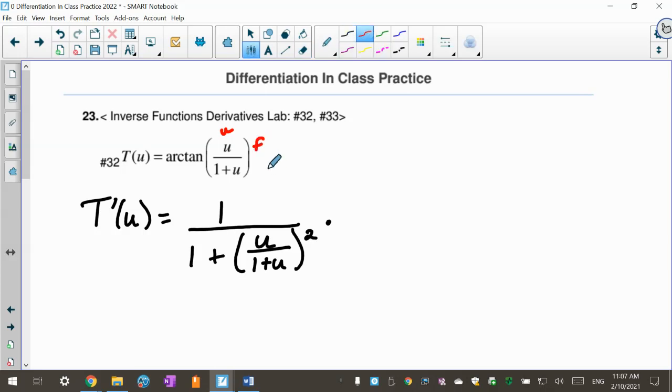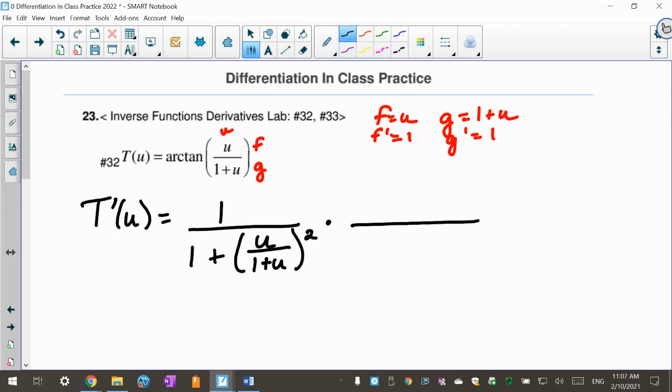So my f is going to be the u, and g is going to be the 1 plus u. So f is u, f prime is 1 because that's our variable. g is 1 plus u, g prime is 1. So when I multiply this by the quotient rule, I have f prime g, so I have 1 plus u minus f g prime, so minus u, all over g squared.